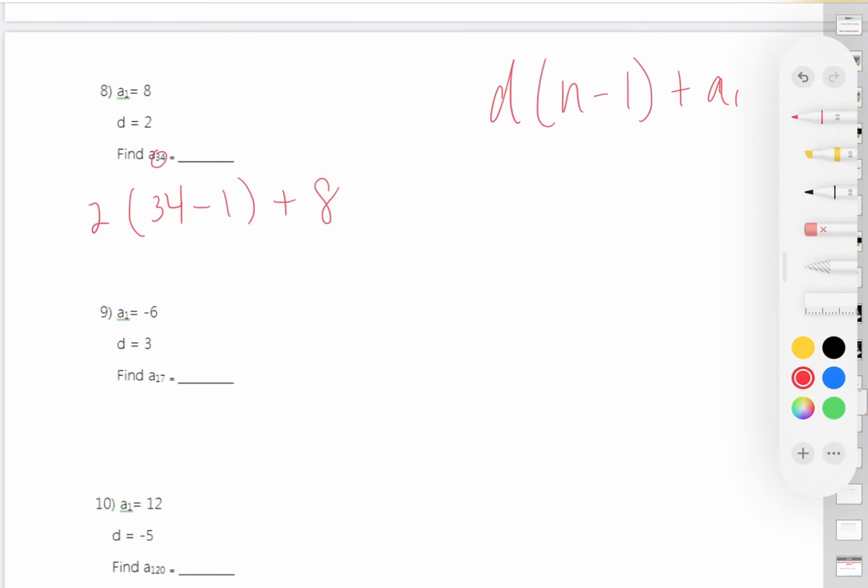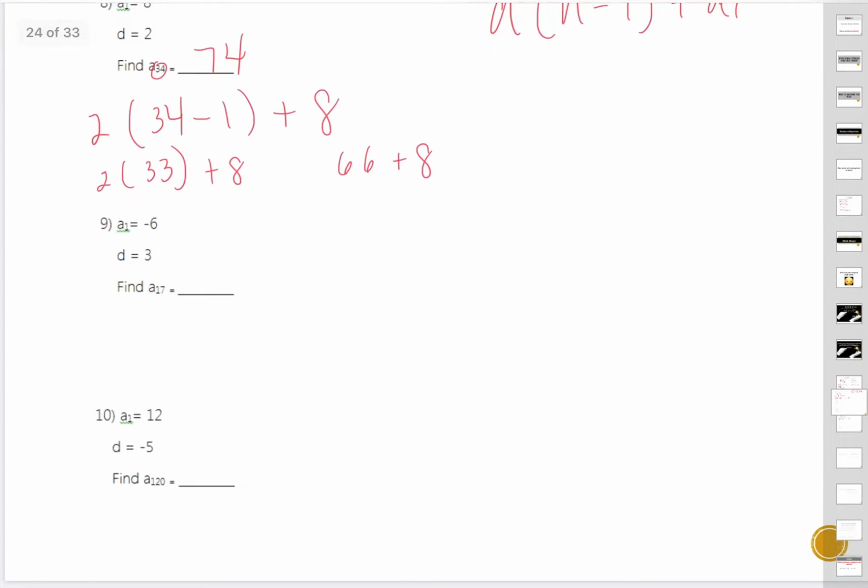And then my starting number is 8. Easy. So 2 times 33 plus 8. 2 times 33 is 66. 66 plus 8 is 74. So the 34th number in this list of numbers would be the number 74.